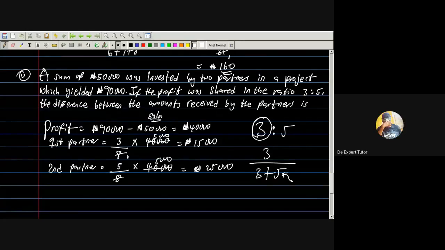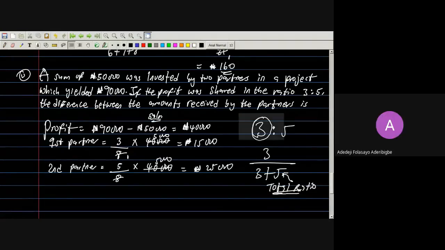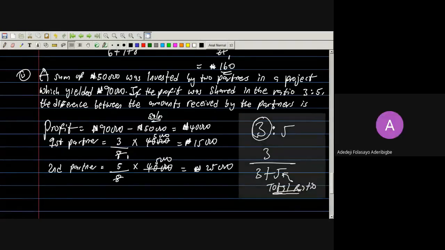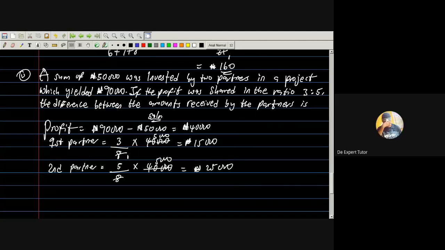That 8 is the total ratio. Do you get how we got the 8 now? Exactly, the 8 is the total ratio, so you add it together, and that's it.